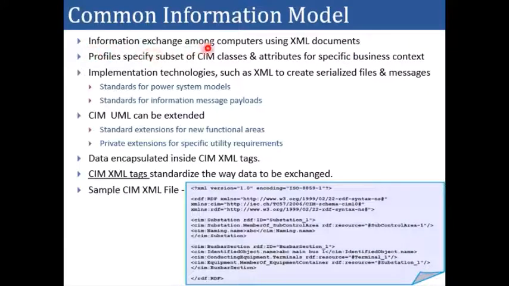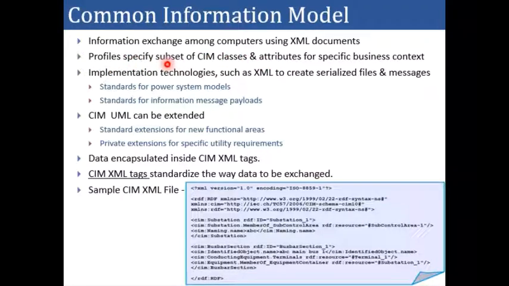So the output of the same information exchange is nothing but one XML document. Now the CIM profiles which you just saw in the previous slide will specify the subset of CIM classes and attributes for a specific business context. That means for one particular data exchange, you need to collect the corresponding classes and create the profile.